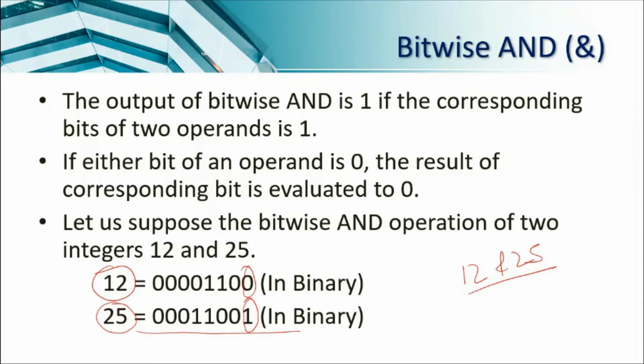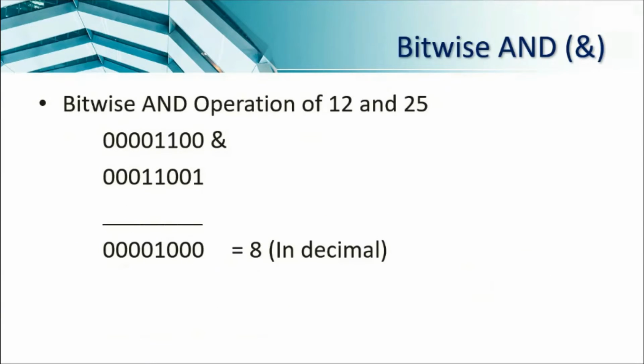So let us do the AND operation of two integers, 12 and 25. The bitwise AND operation of 12 and 25 will give you this. 0 and 1 means 0, since only if it is 1 and 1 will it be 1. Here it is 0 and 0, so that is also 0. 1 and 0, 0. 1 and 1, so that is a 1.